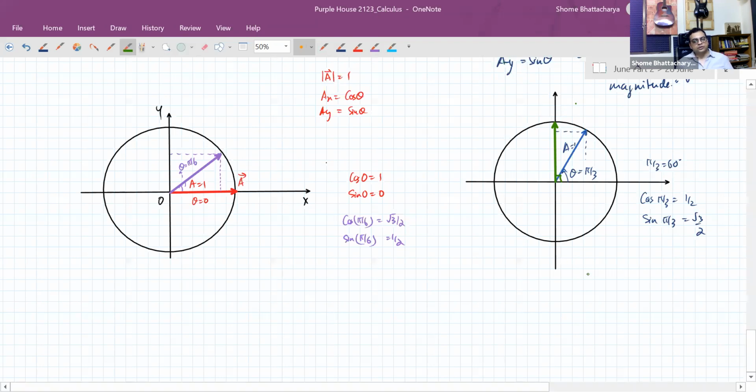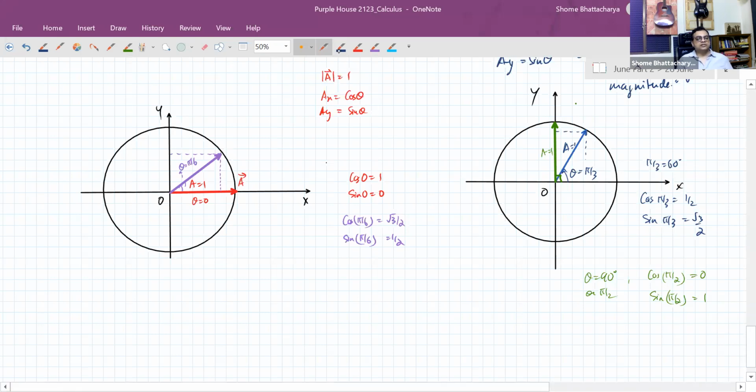So for theta equal to 90 degrees, or pi by 2, cos pi by 2, the x component, will be 0, whereas the y component will be equal to the vector's magnitude itself, which is 1.